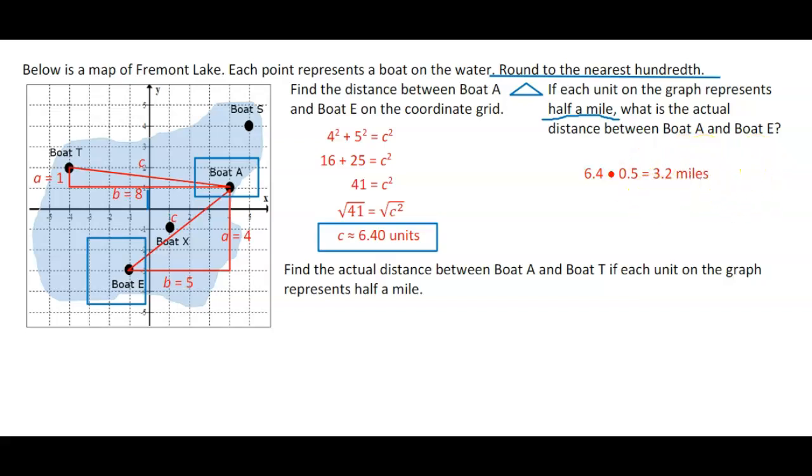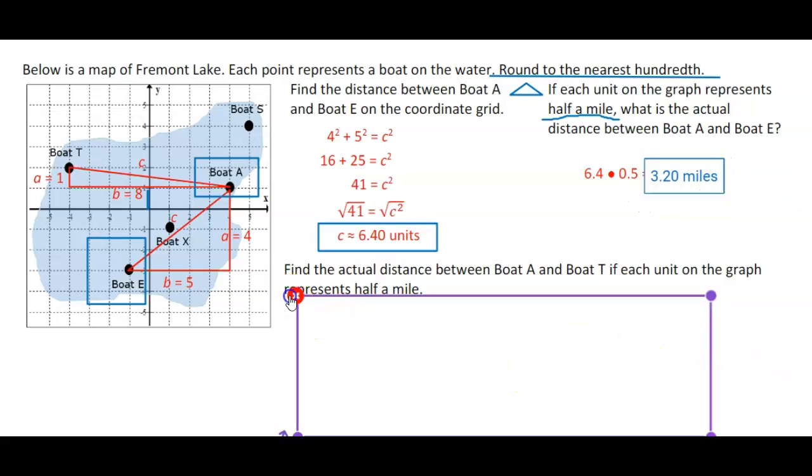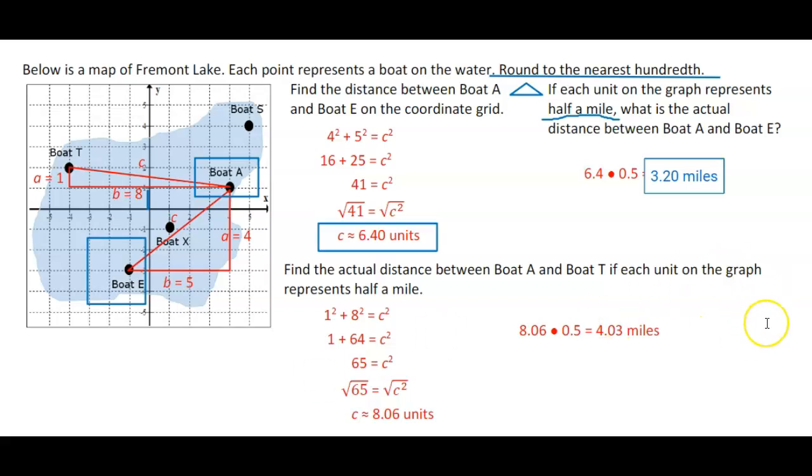So your final answer is going to be 3 2/10 miles. Now once again, we should be rounding all of your answers to the nearest hundredths. So I'm going to add a 0 and put 3.20 miles is what we'll put right over that for our final answer.